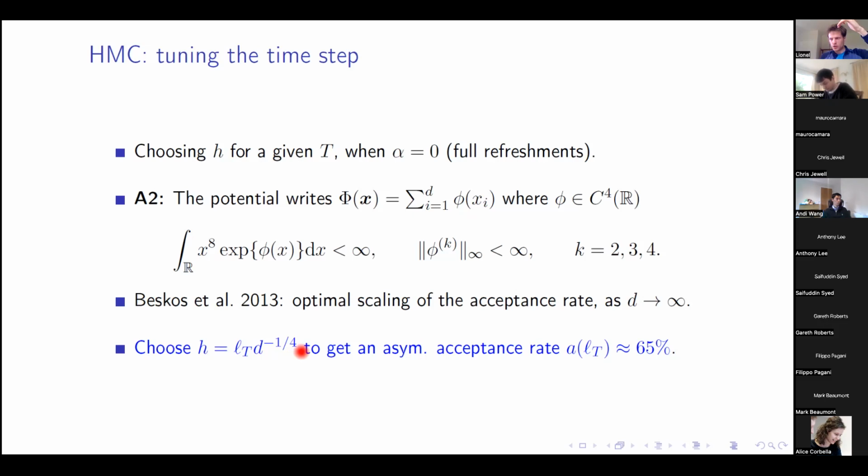So, of course, in an optimistic framework, it's useful information because here it means that we can't really hope to compute less than dimension to the 1/4 gradient evaluations to be able to reach a certain amount of integration time.